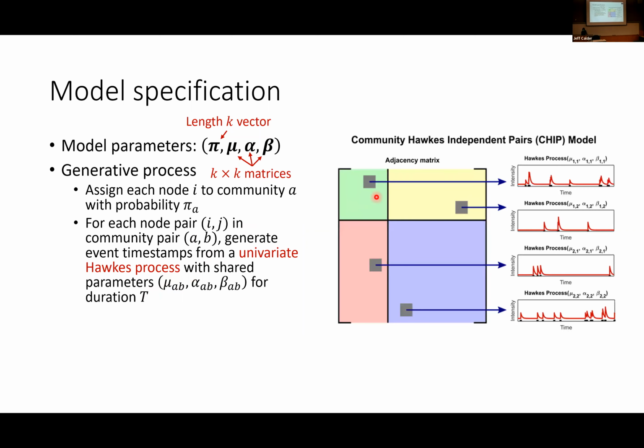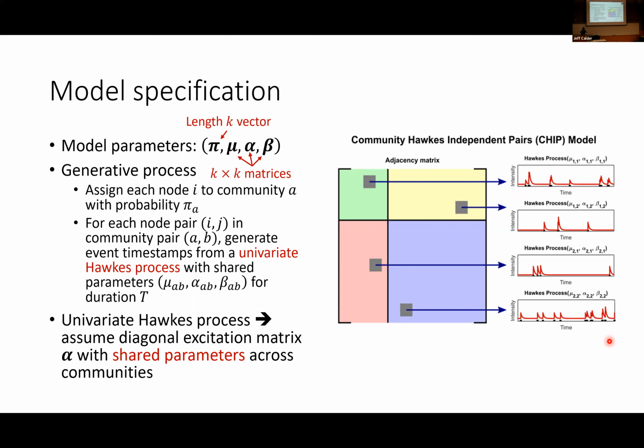If you look at your adjacency matrix, let's say here we have these two communities. You can divide it up into this block structure here, where each node pair in the network will follow a Hawkes process with parameters that are shared across all node pairs in that block pair. So this is your stochastic block model like structure. And each node pair follows an independent Hawkes process.